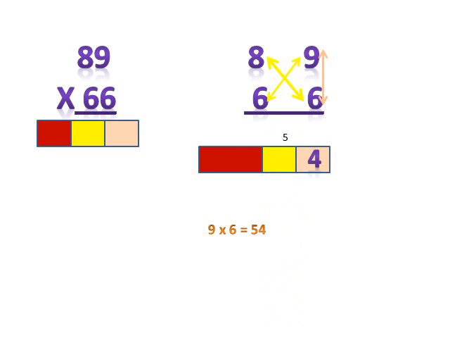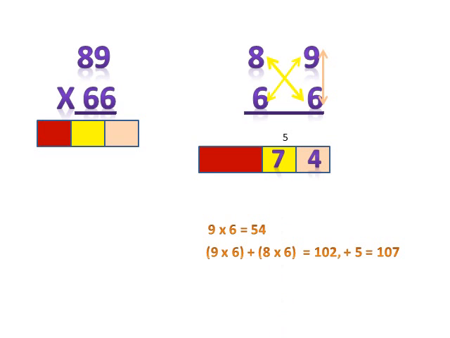Okay, for the yellow box, we have to multiply crisscross. So that would be 8 times 6 plus 9 times 6. So 9 times 6 is 54, plus 8 times 6, that's 48. So that's a total of 102. And then you add 5 since you carried 5 from the first box. So you have 107.